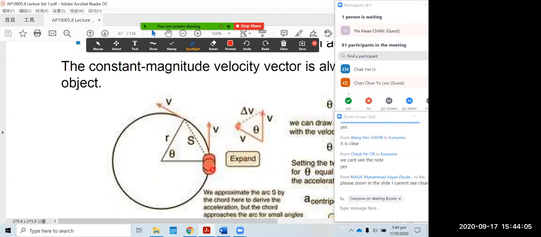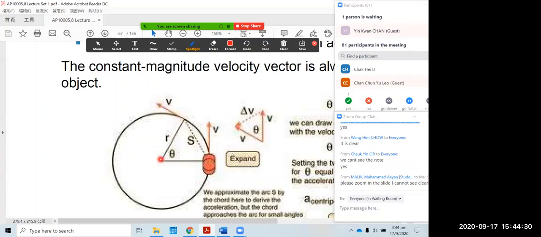You see the object after a time of delta t, it will sweep a distance s. Well, this s is actually the length of this circular arc, and it will sweep an angle theta that extends at the center of the circular path.